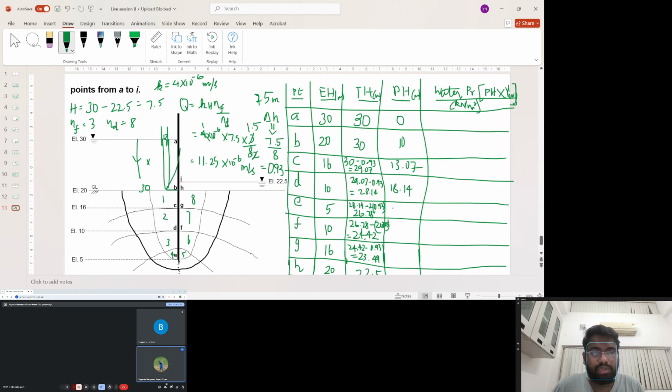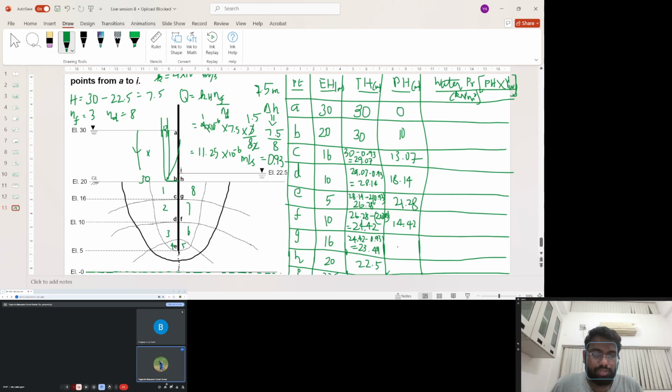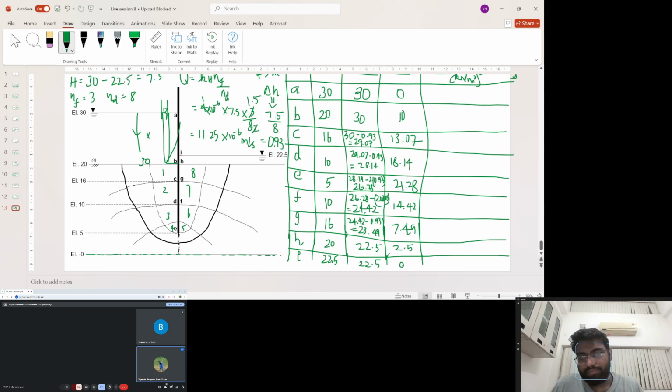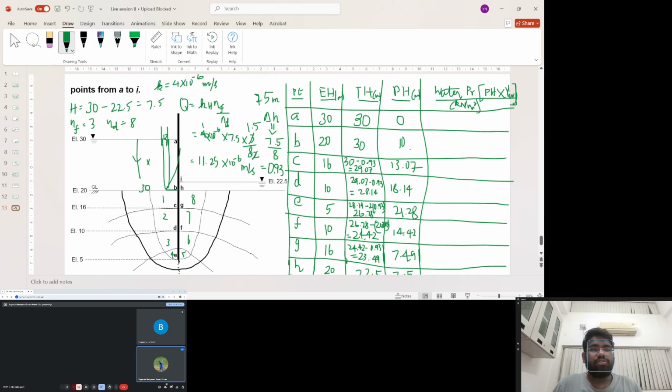Here 26.28 comes to 21.28. Then 14.42, then 7.49, and now 2.5. And this comes to 0. You can see the pressure head is increasing until it reaches E, and then it starts to decrease.